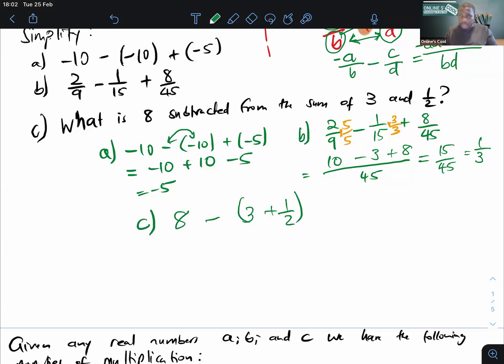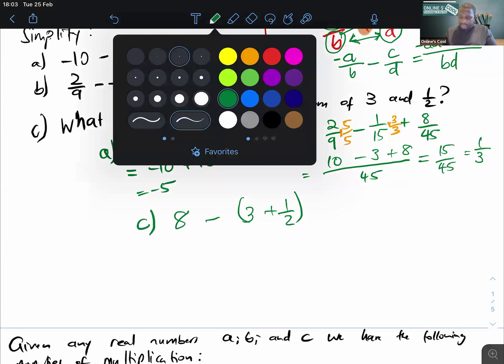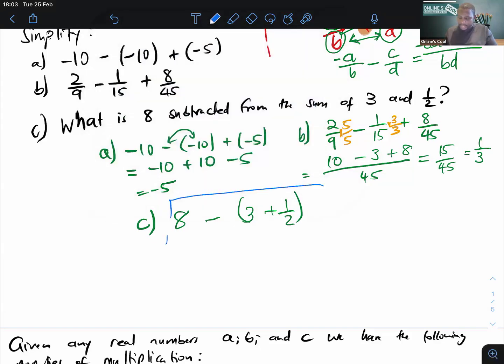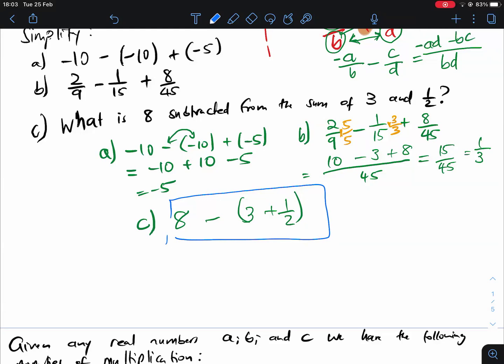Okay. So how would you define this in words? Would you say this is 8 subtracted from the sum of 3 and 1/2? Actually, no. It's the other way around, because they're saying 8 is subtracted from the sum of that.